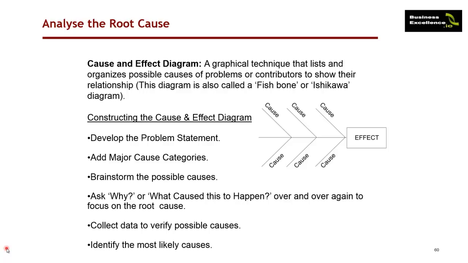Then what you do is you brainstorm all of the possible causes. For each of the possible causes, then you ask the question, why did that happen? Or a more useful question is, what caused this to happen? This question is asked over and over again until such time as we get to the root cause. The root cause being the originating problem which causes the problem in the first place.